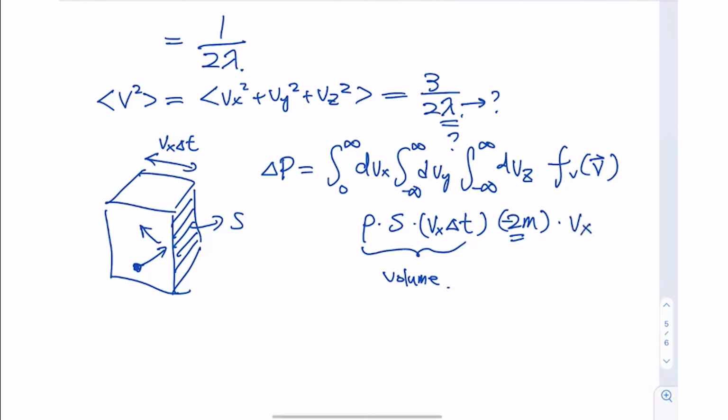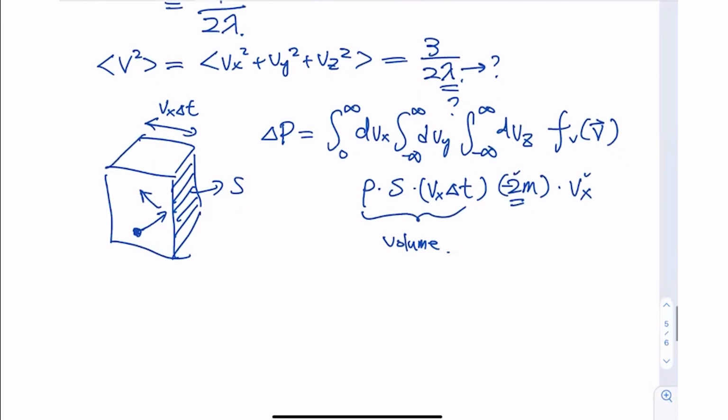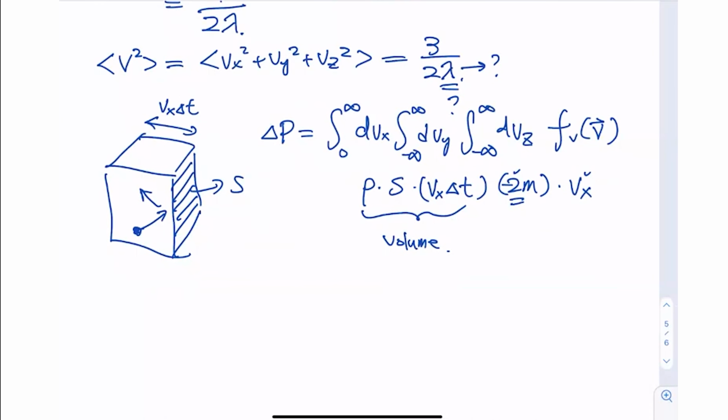And then, of course, we know that the velocity that will be bounced back, the difference of the velocity, will be -2 times this Vx. Okay. So this expression is basically the change of your momentum within this limited delta t time window.